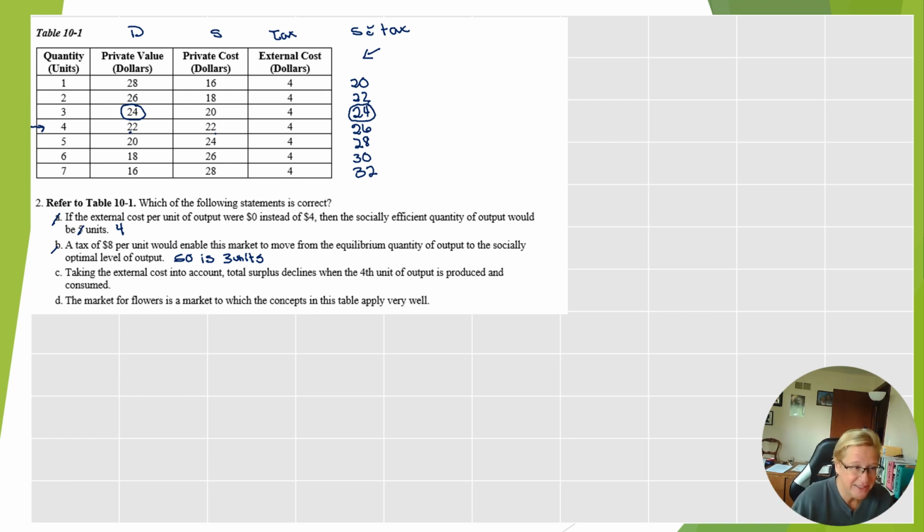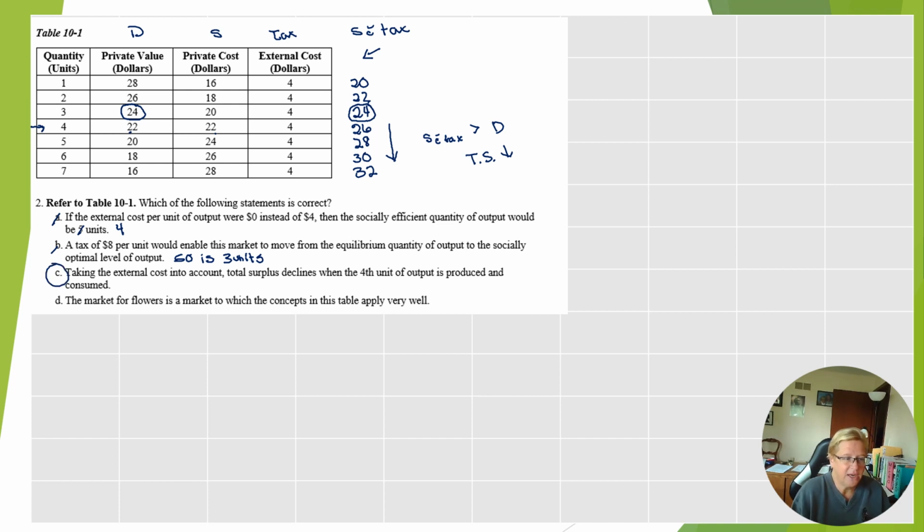It's only after the 4th unit where the private cost plus the external cost is greater than the private value. Here the supply with the tax is greater than demand. So therefore, we know because of that, total surplus is going to be declining. So this is going to be the right answer.